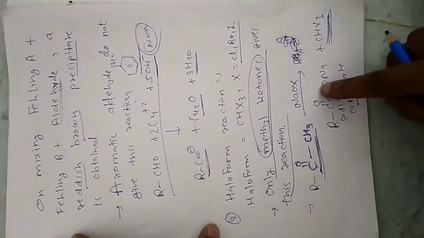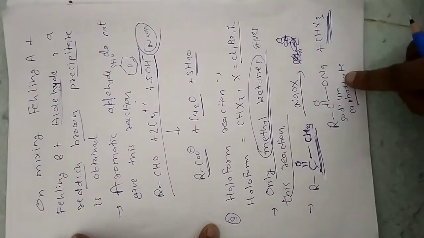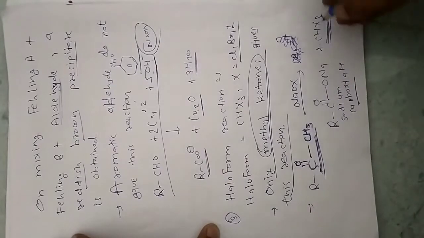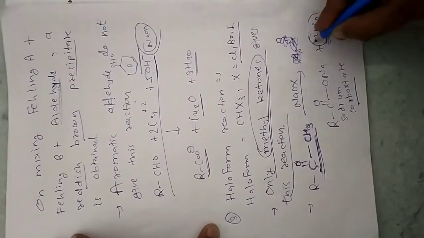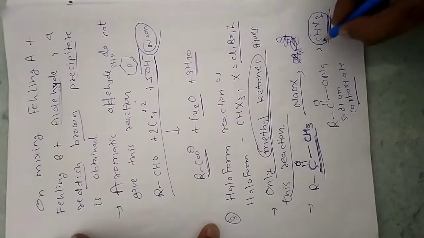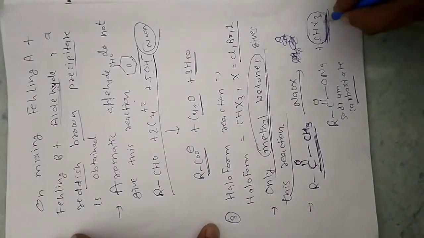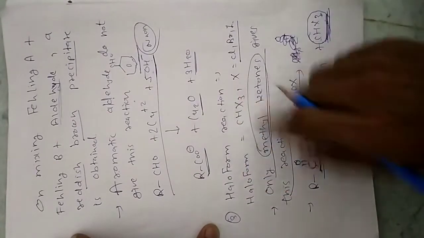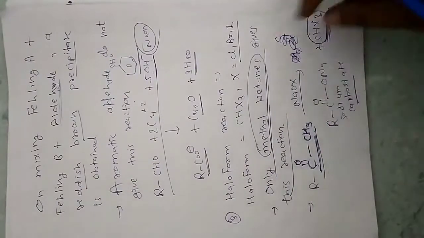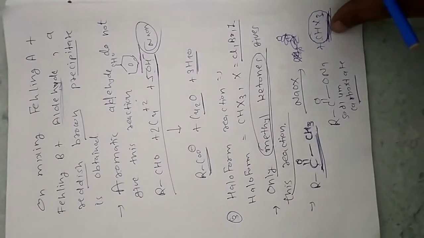This one is the carboxylate ion, C double bond O. So sodium carboxylate. And here you can see this one is our haloform CHX3. Since this compound haloform is obtained as a product, it is called the haloform reaction. Okay, this one is the last oxidation reaction.